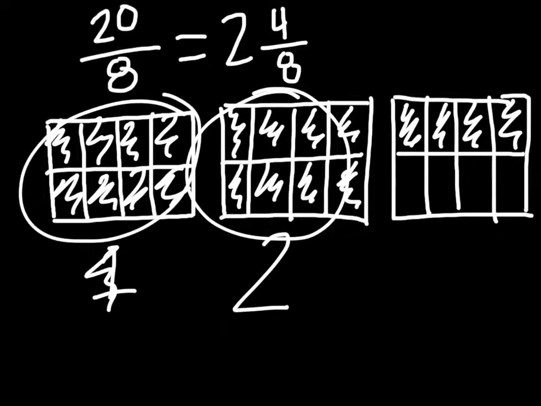So we can see right here we have 20/8 shaded, which gives us 2 wholes, and then our remainder is 1, 2, 3, 4/8 left over. So when we studied mixed numbers, you could have easily told me that this picture represented 2 and 4/8. So that's exactly what we've done. This is 20/8 or 2 and 4/8.